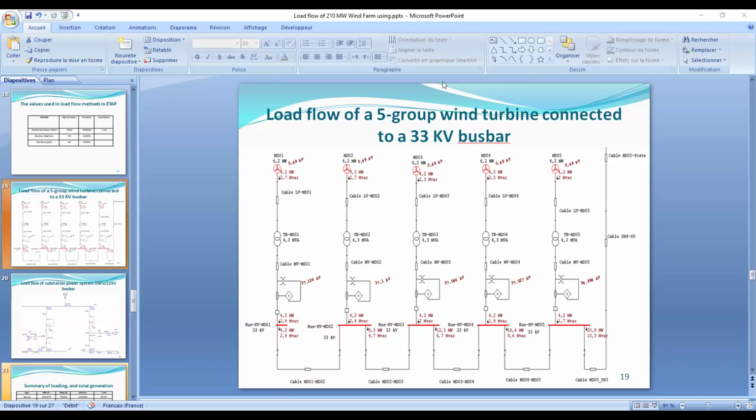In a wind farm, after the wind study and the technical study, we use ETAP and other software to verify or develop load flow, and it can help with protection calculation.